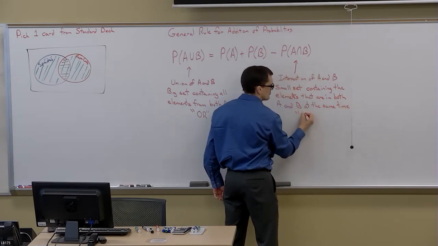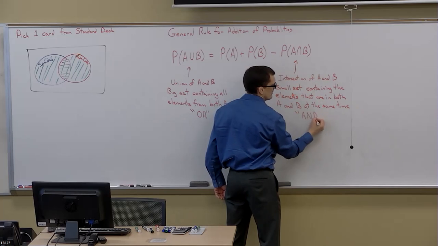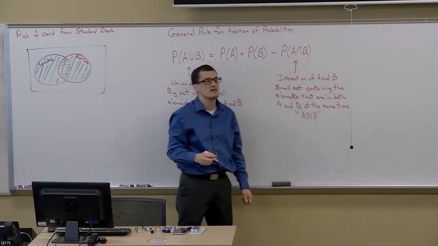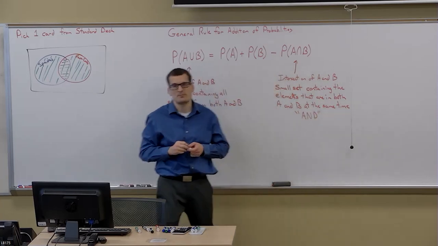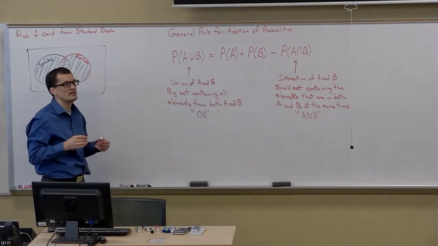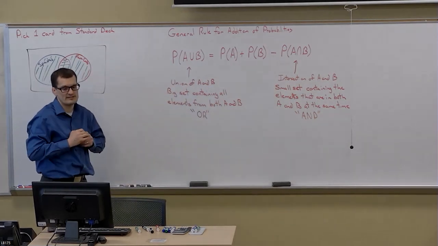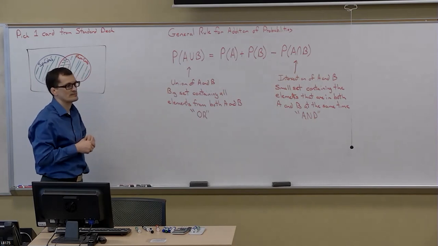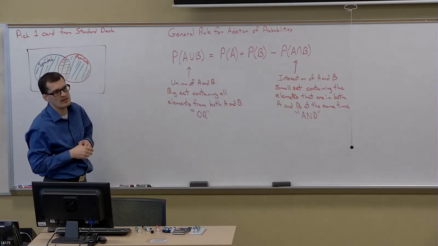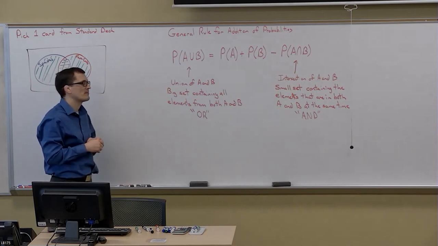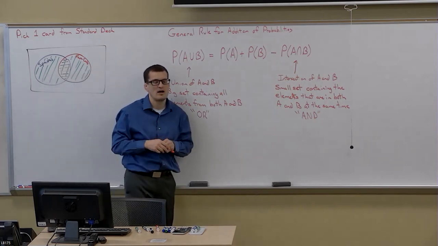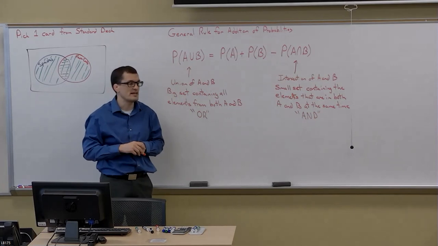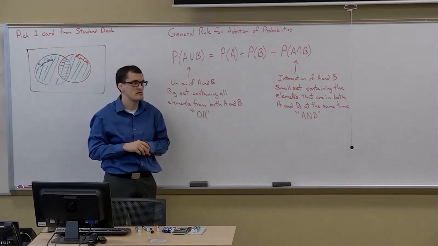And a lot of times you'll see the word and. So let me give you an example. If we're talking about human beings and traits of human beings, let's say blonde hair is one trait and brown eyes is another trait.